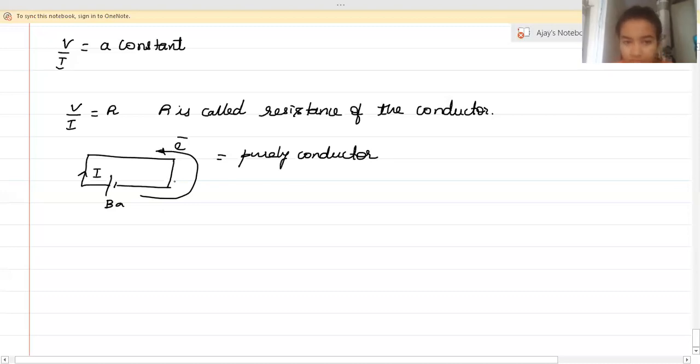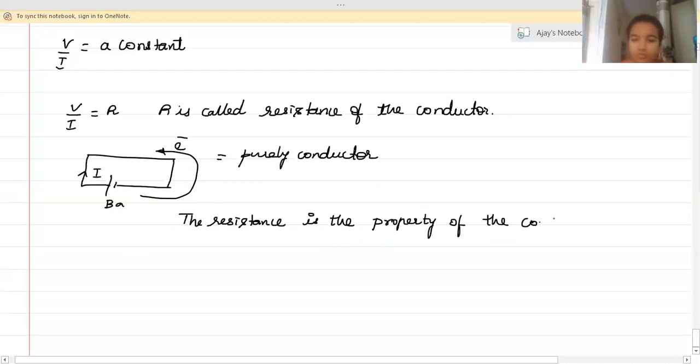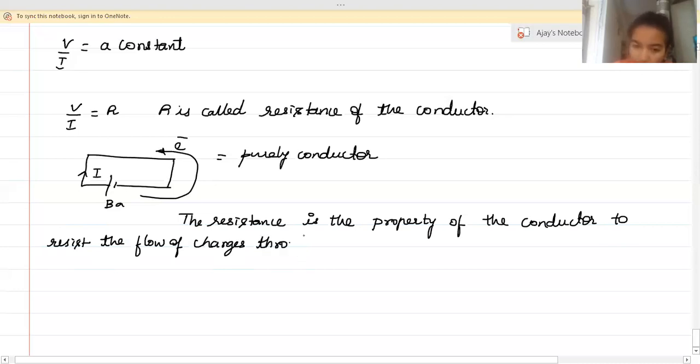The definition states: resistance is the property of the conductor to resist the flow of charges through it.